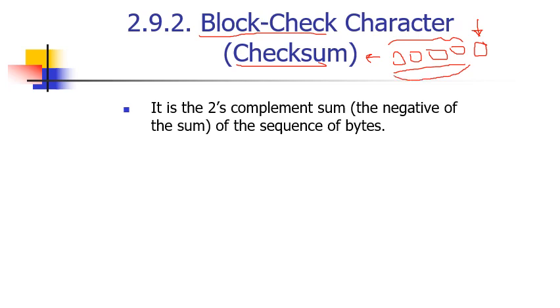And at the receiving end, if you add the two's complement of the sum to the sum and you get a 0, it means these 4 bytes have been received correctly.